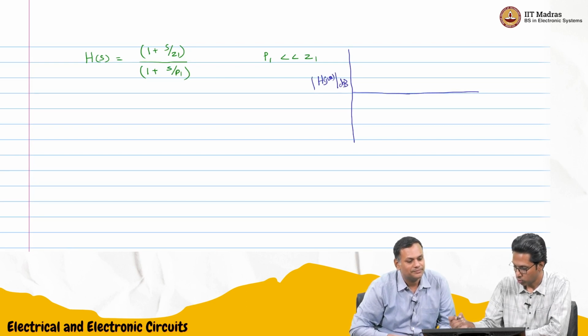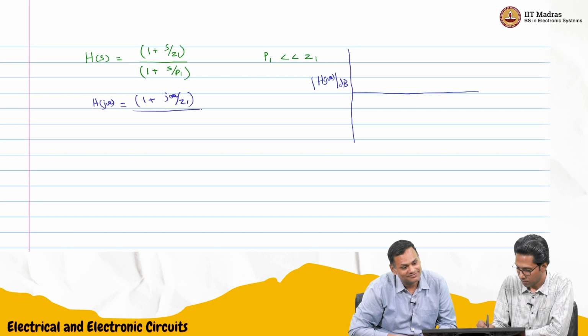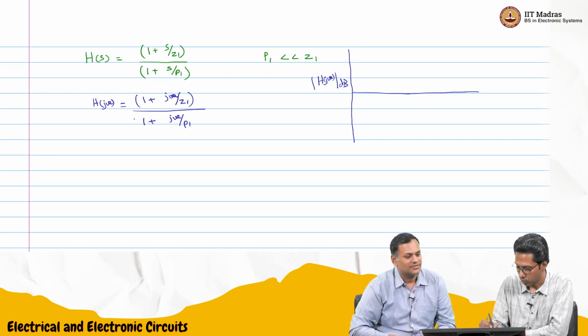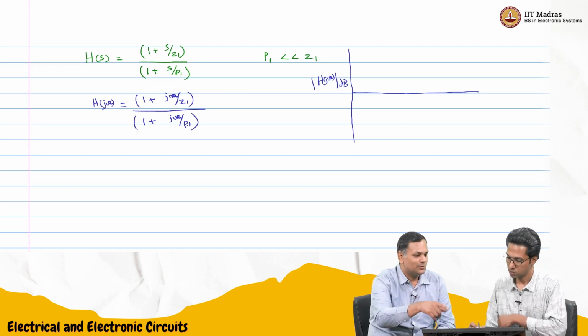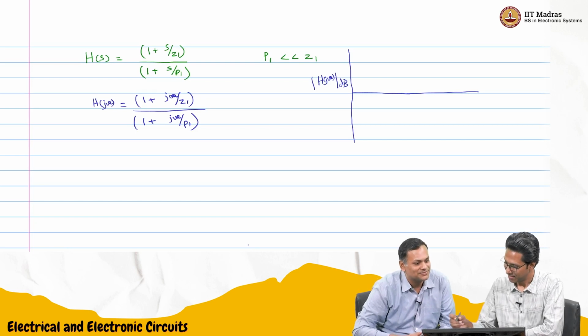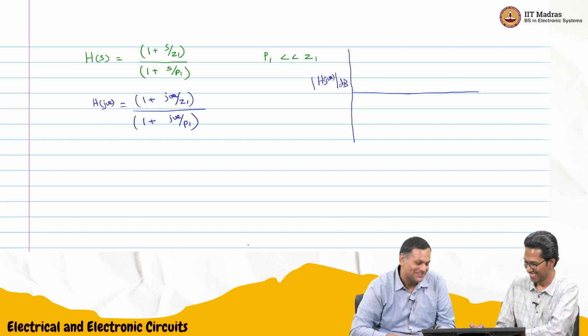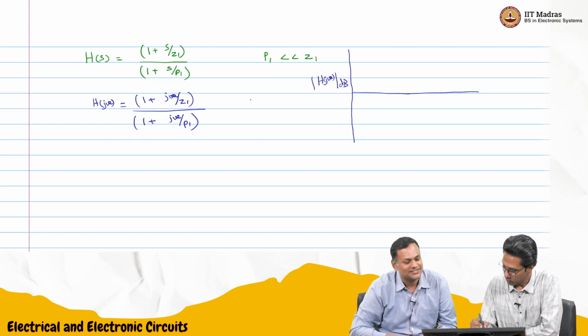So H of j omega in dB, divided by 1 plus j omega by P1. Best thing to do is do it step by step. You will not make any mistakes. Otherwise, it will be a temporary happiness, but there may be a mistake. So, pole comes first.